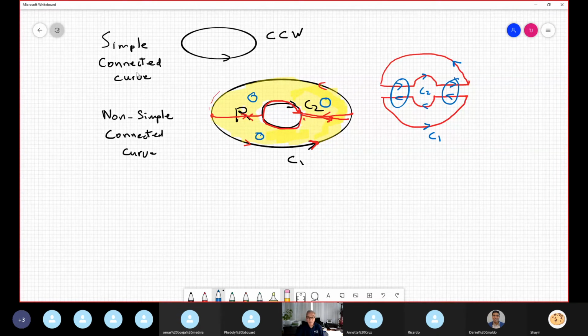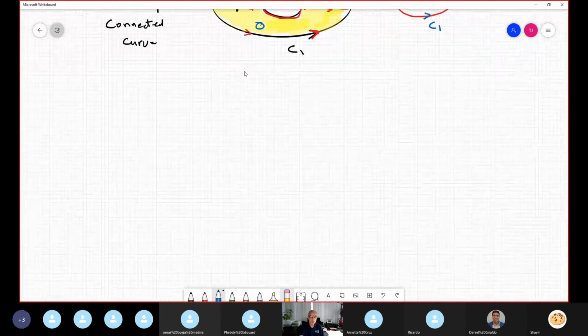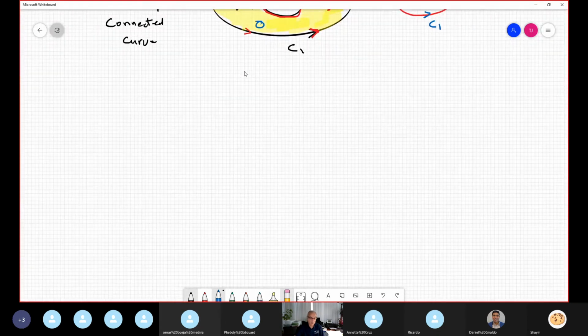No big deal. Okay, look. Example 3 of the Green theorem. In example 3 of the Green theorem, we have, for example, this line integral and the closed, non-simply connected curve.